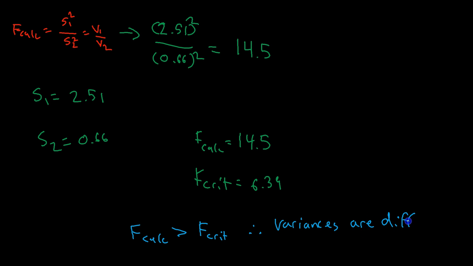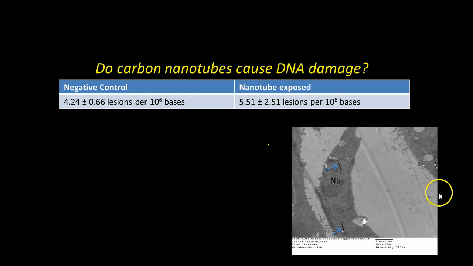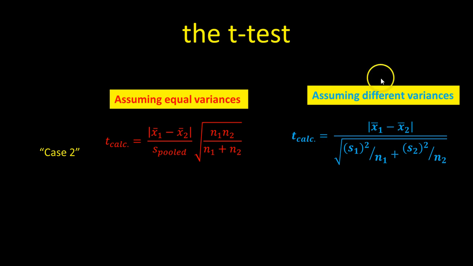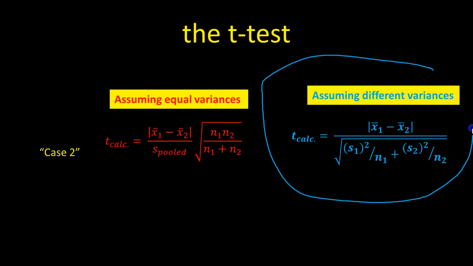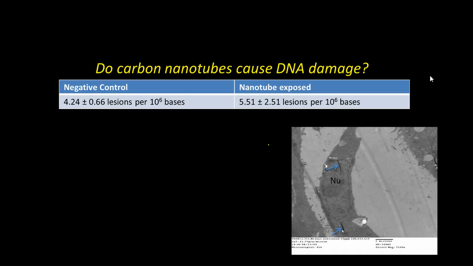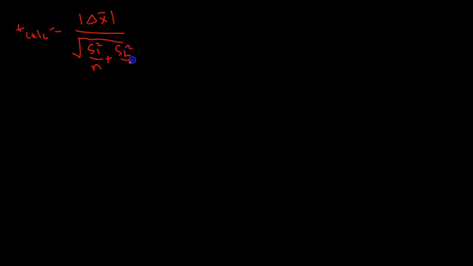So in that case, what we want to use is the t-test here, which assumes different variances. Okay, and so in that case, we use this form of the equation. T-calc equals the difference in your x values over the square root of S1 squared divided by n1 plus S2 squared divided by n2.